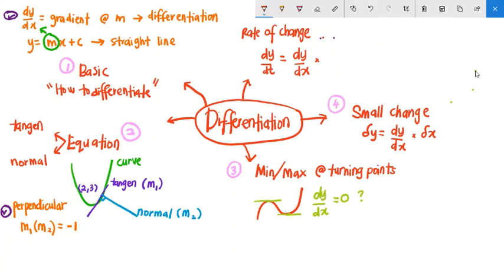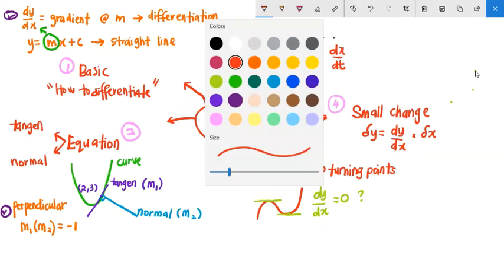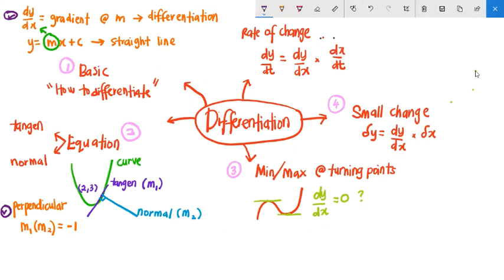dx times dx. Okay, rate of change of x means this one usually mostly dia akan bagi from equation.